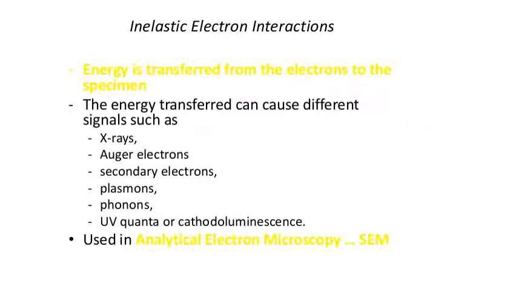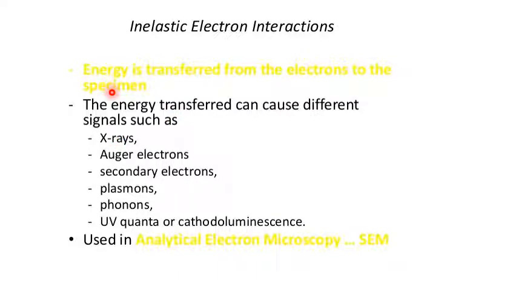Inelastic electron interactions. Inelastic electron interaction with a specimen is one in which the electron loses some amount of energy and transfers this energy to the specimen. Energy is transferred from the electron to the specimen. The energy transfer can cause different types of changes in the specimen, due to which different types of signals can be produced.